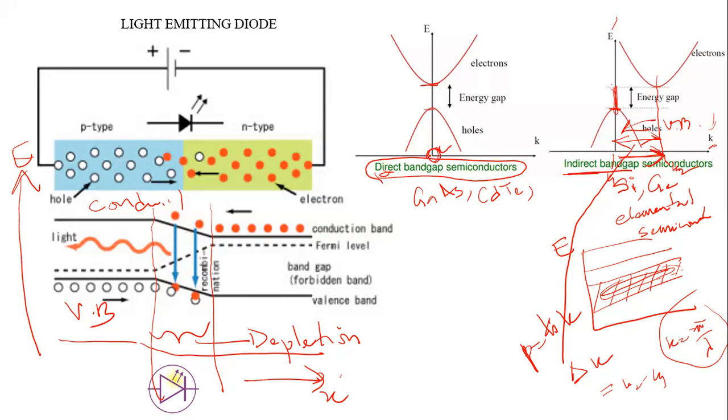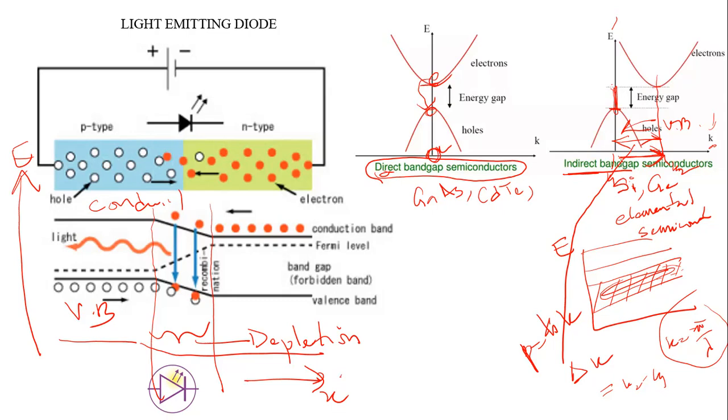So when such is the case, suppose you have electrons at the bottom of the conduction band and a vacancy, a hole, at the top of the valence band. Under such a condition, an electron from the bottom of the conduction band can drop down to the top of the valence band.